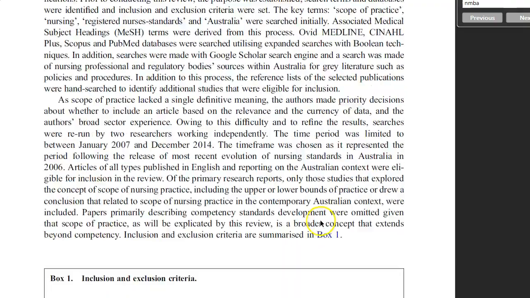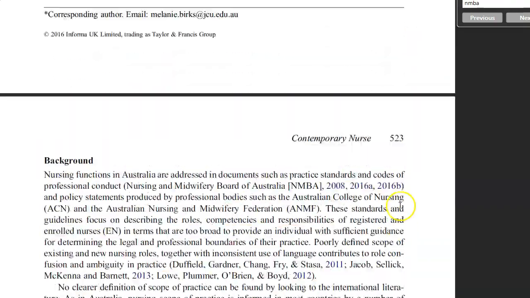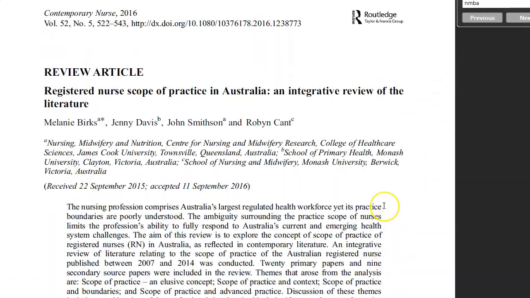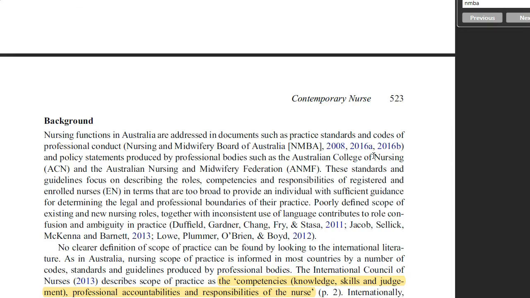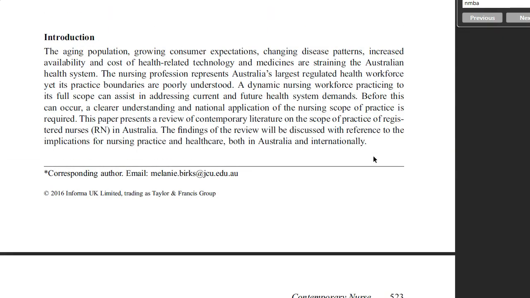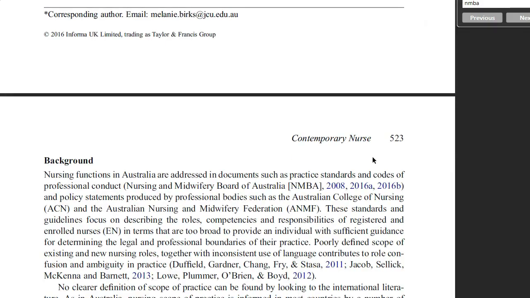This is a literature search, a literature review, and it's a scoping, integrative review, and it talks about all the different available definitions of scope of practice that are out there and how difficult it is to define the concept. And it's good that it's a learning objective because it's really important that they go through it, but it's difficult for them to achieve this in the assessment item because it is a fairly vague term.